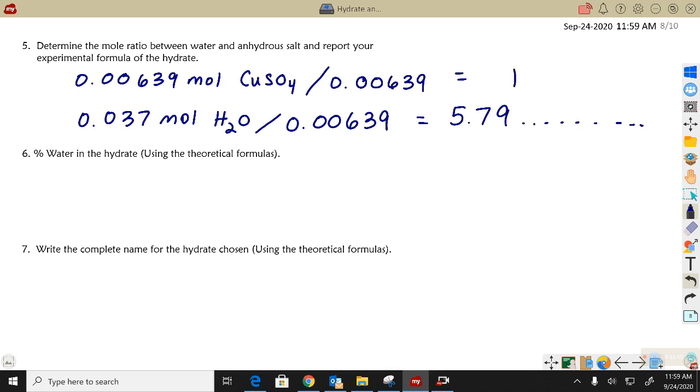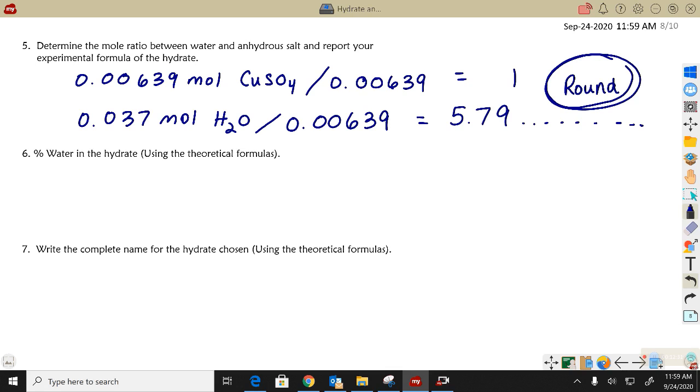So anytime you have a hydrate, it'll always be reported as 1 particle of salt per how many particles of water. There's always 1 salt and then X amount of water. Well, yeah, I didn't get a perfect whole number because obviously then my data has a little bit of error in it. So at this point in the game, with lab data, we're going to round. It feels kind of naughty, right? Like, no, I should find a multiplier. Yeah, but we're just going to round here, and I'm going to be close.